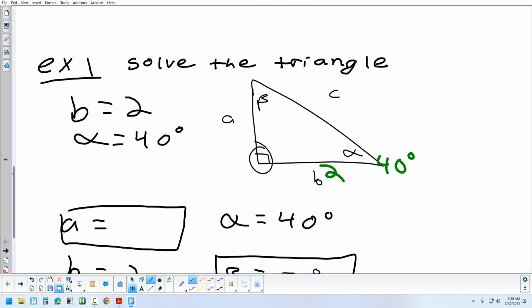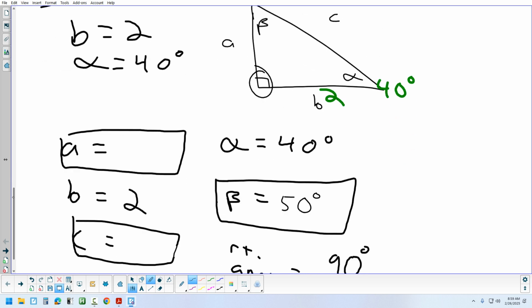I'm not going to label it in the diagram because I want the diagram to only have information that was given. I don't want to accidentally use this 50 to find anything else. Why do you think I don't want to use the 50?